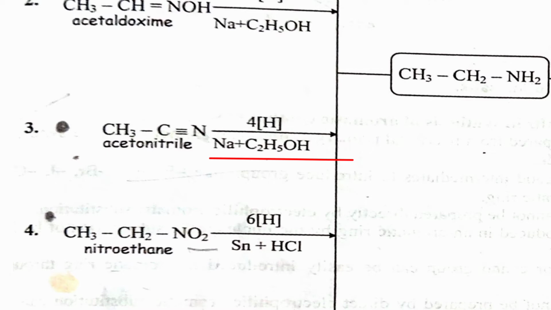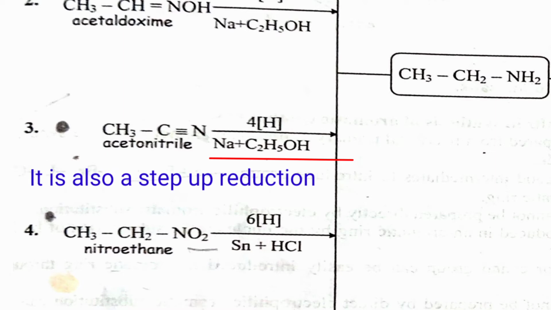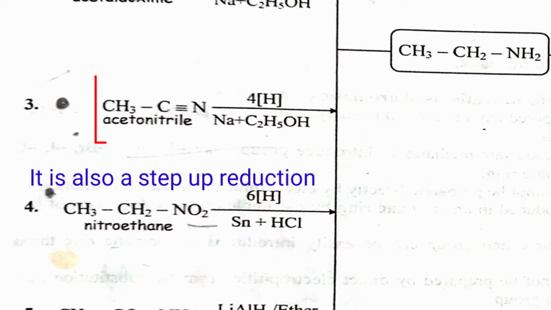All the above reactions are reductions. Here also we are talking about one reduction, that of acetonitrile. After reacting with nascent hydrogen, amine is produced.